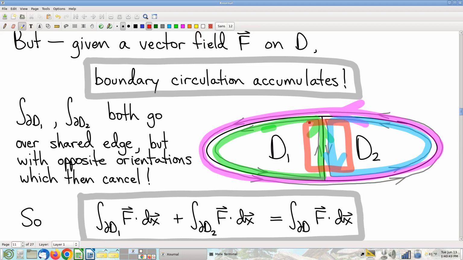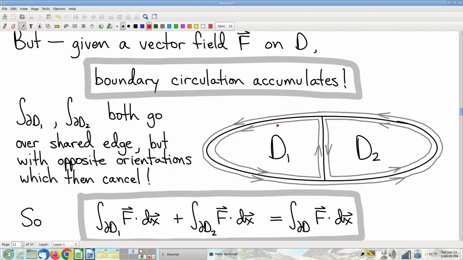Right? Until you realize that on those edges, that green piece of line integral and this blue piece of line integral, they're on the exact same curve with exact opposite orientations, and they cancel. So those add up to 0.